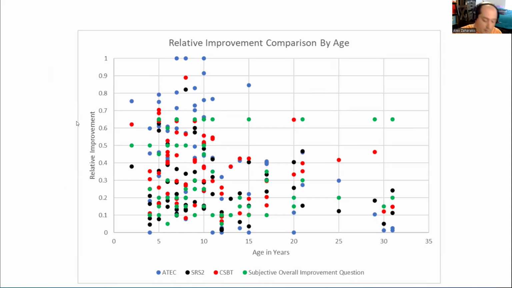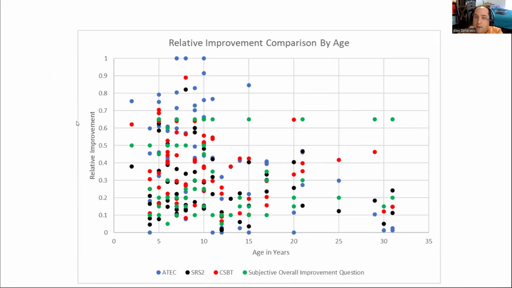So another way of looking at the improvement is by throwing everything on a scatter plot over here, and that's what I've done. Along the y-axis, we have the relative improvement, and along the x-axis, we have the age of the respondent in years. There are so many dots because we're looking at three different metrics, the ATEC, the SRS2, and the CSBT. We've separated them.